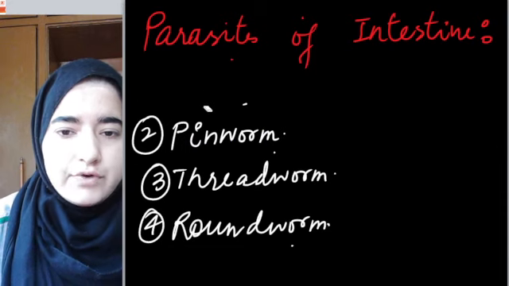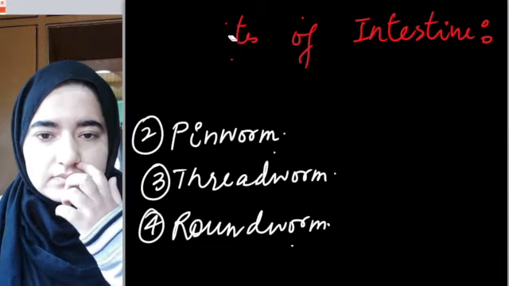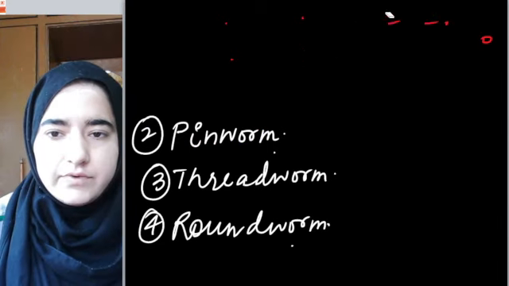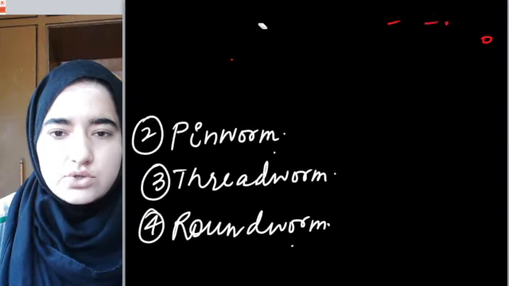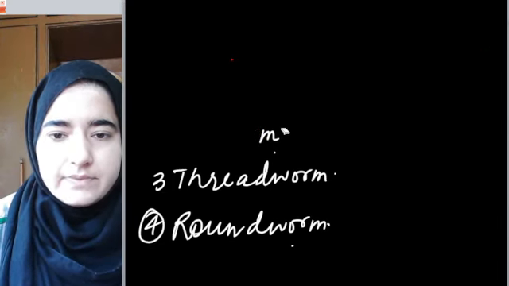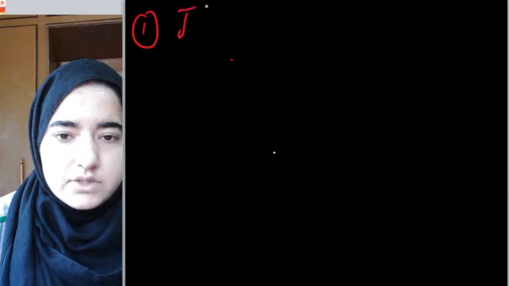The first disorder of the digestive system is jaundice. In jaundice, the liver is affected.